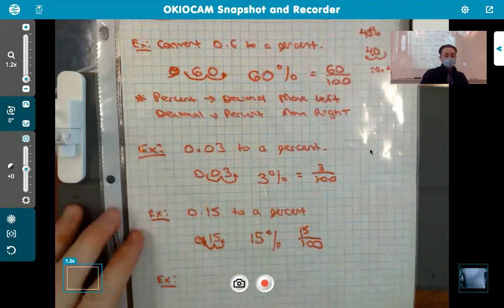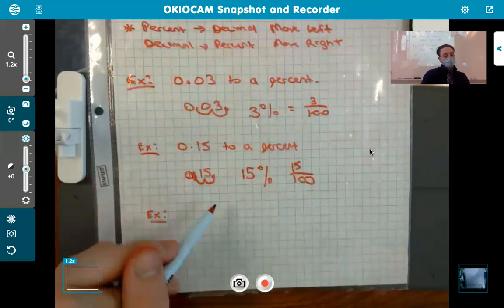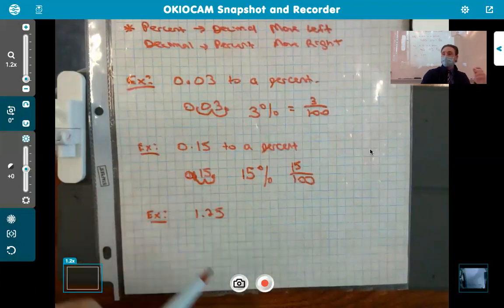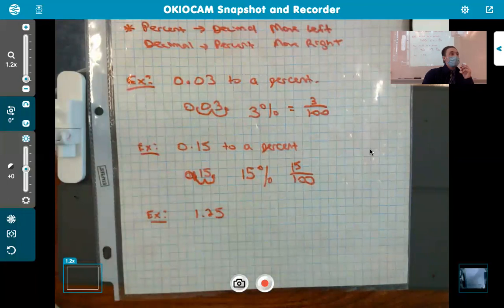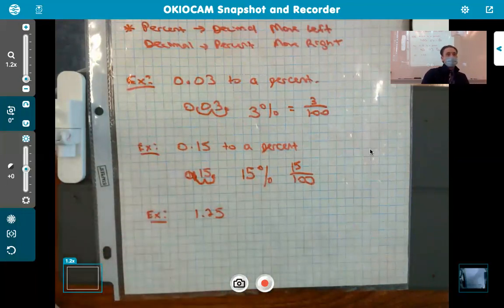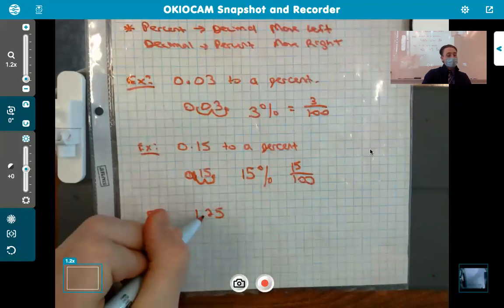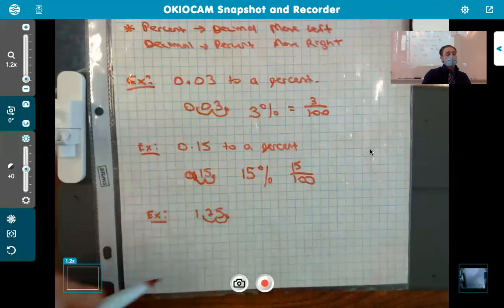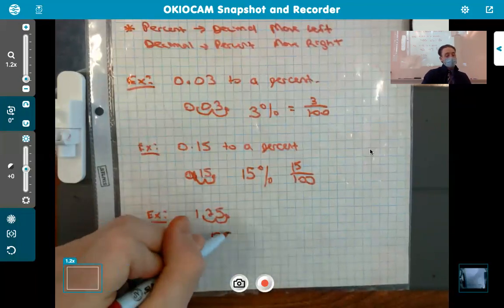Just for fun, let's take a look at this real quick. If I had 1.25, it's a little different, right? What would I do in this instance? Does anything change with my process? No, we're still going to move it over, right, to the right twice. But now what's my final answer? 125%.